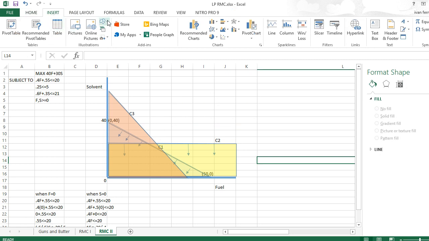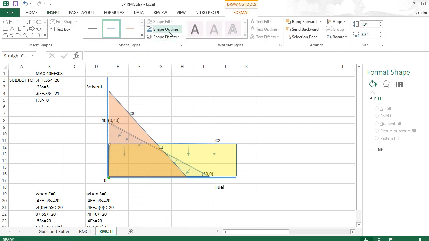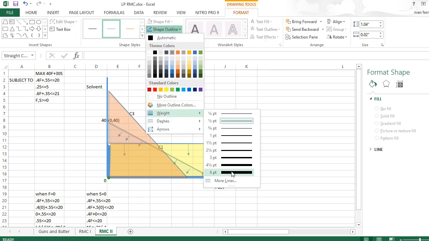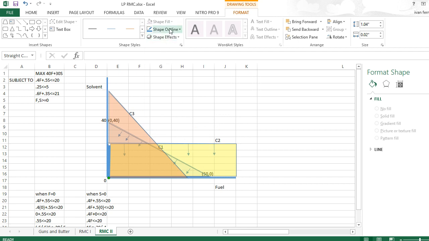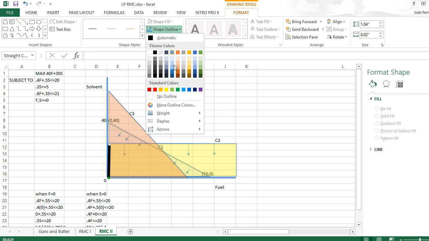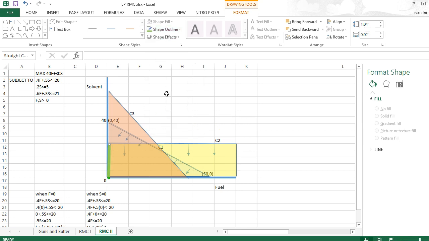Okay, insert. Is this area, I'll make it green, up to that point, and then down to that point, down to the x-axis, and then back to 0.